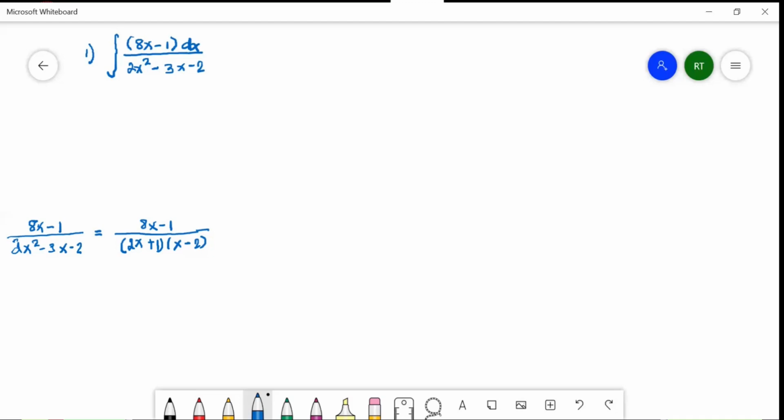So hence, if we have (8x minus 1) over (2x plus 1)(x minus 2), for the linear factor 2x plus 1, there corresponds a partial fraction in the form A over 2x plus 1. And for the linear factor x minus 2, there corresponds a partial fraction in the form B over x minus 2.